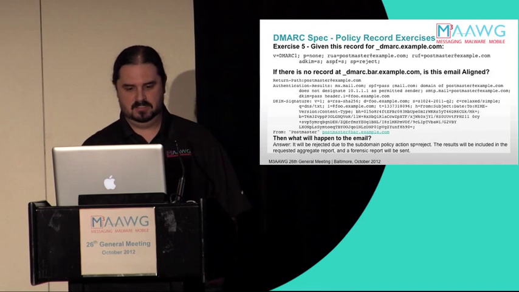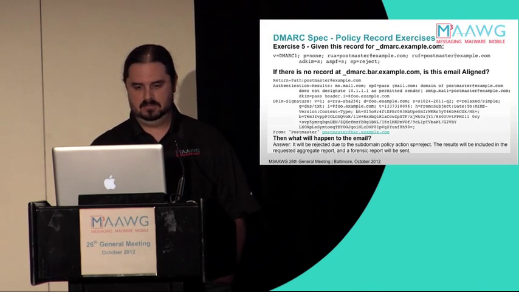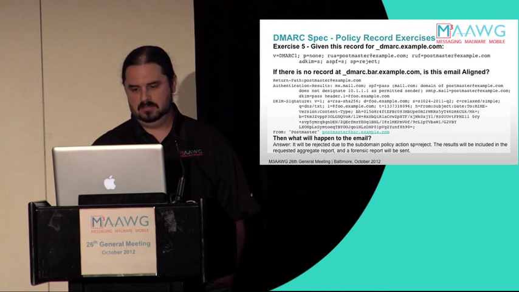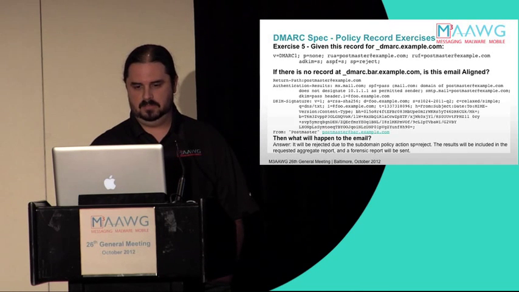Be rejected. That is correct. The subdomain policy specifies reject, and since this is a subdomain of example.com, that is the policy that is applied. This email will be rejected, the results will be included in the requested aggregate report, and a forensic report will be sent as well.